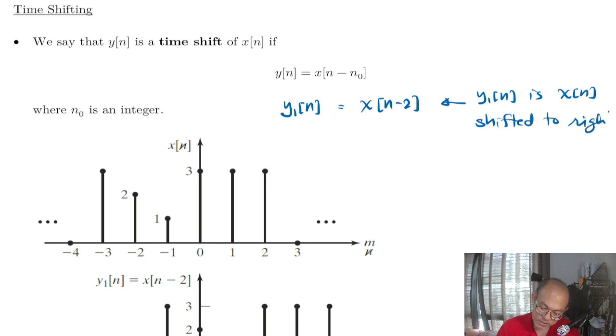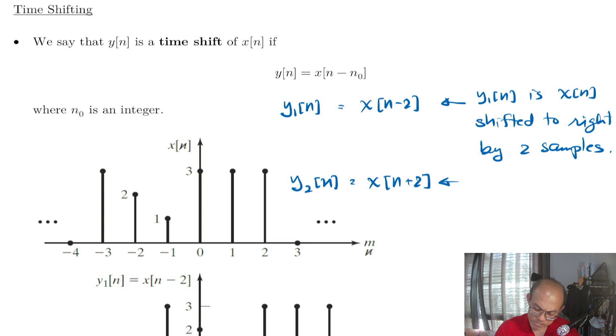Shifted to the right by 2 samples. On the other hand, if we have y2 equal to x of n plus 2, then this is shifted to the left by 2 samples.